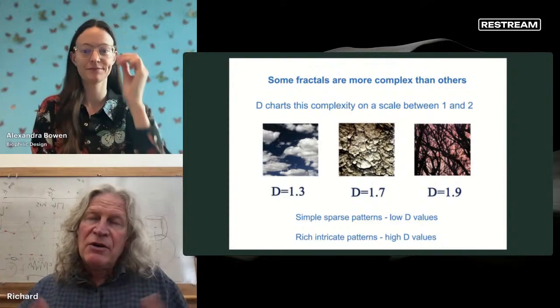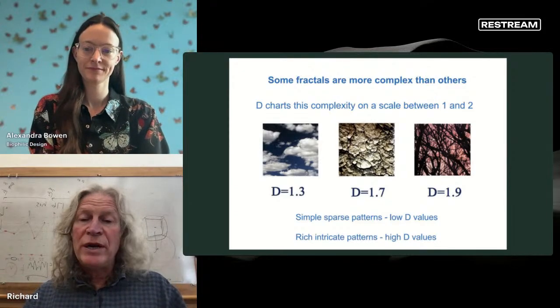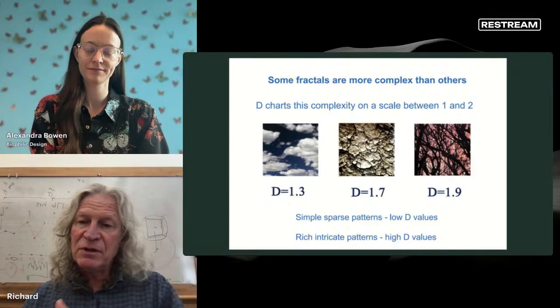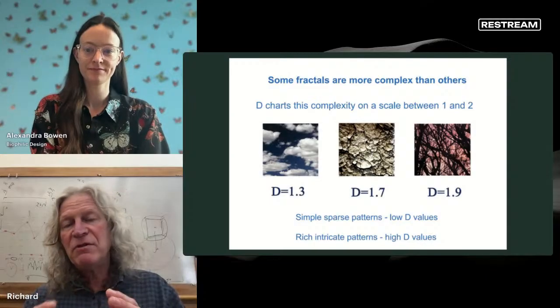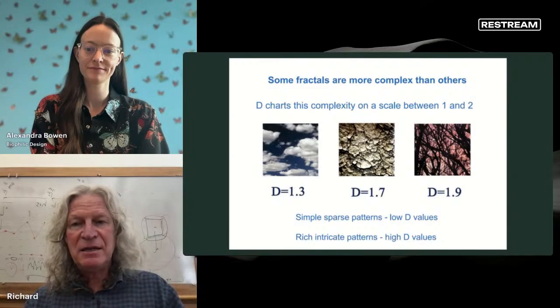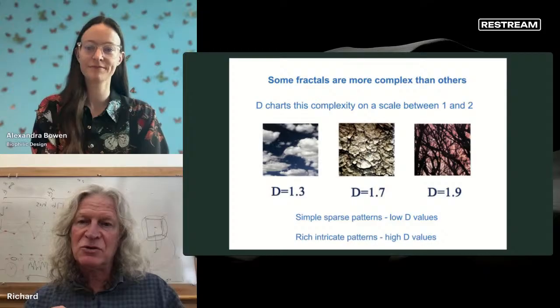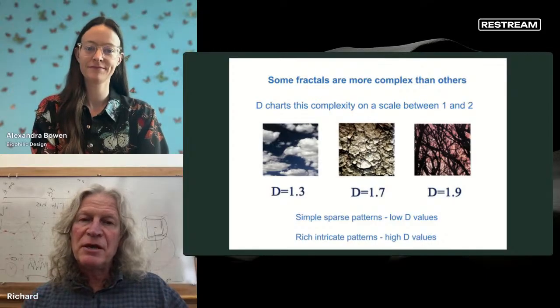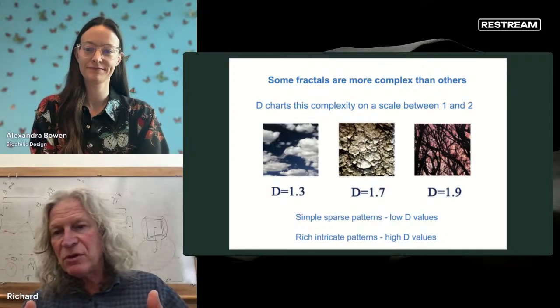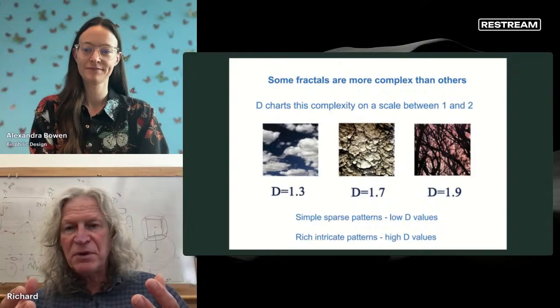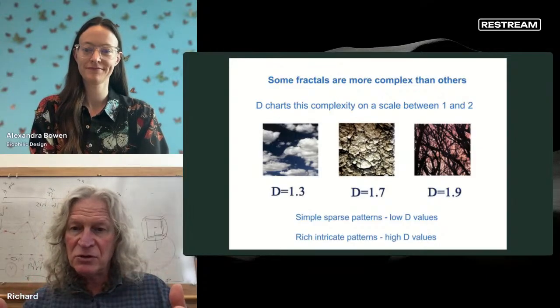So when you look out of your window, you'll see fractals of all different D values from 1.1 to 1.9. But the most prevalent ones are the mid-D, mid-complexity fractals. So those are the ones that, both in our lifetime and through evolution, our eyes have been exposed to the most.